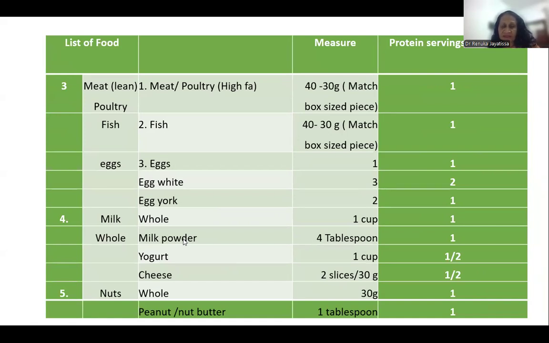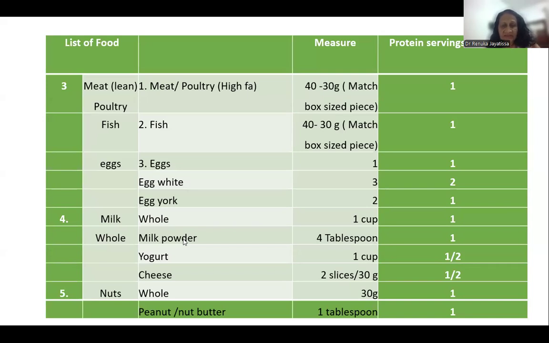You can see how much protein we are losing if we remove the egg yolk and use only egg white. So that's another part we have to think about: not to remove the egg yolk, and to have the whole egg. Because whole egg, especially egg yolk, has a lot of other nutrient factors for food healing purposes.